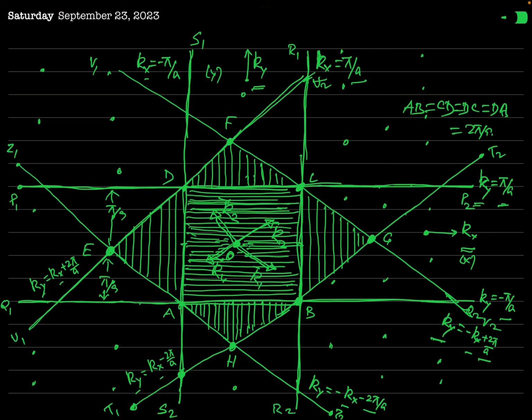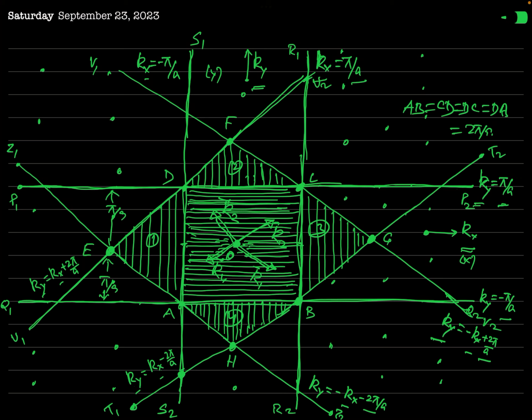Actually, this region which I have marked here, region number 1, region number 2, region number 3, and this 4, all these regions are called the second Brillouin zone. This is called the second Brillouin zone. Okay.